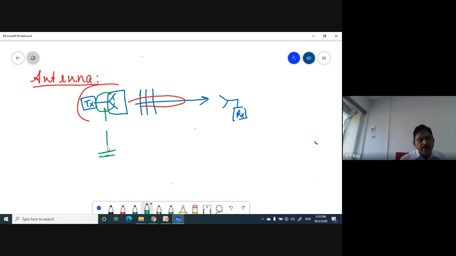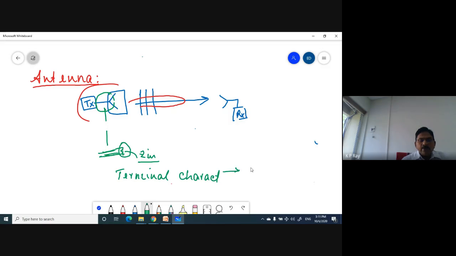Now here, this transmission line is getting terminated by the input impedance of the antenna. So this antenna structure is being replaced by this input impedance. So this is the terminal impedance of the antenna. Now, associated with this terminal impedance, lots of parameters of the antenna are defined. That is known as the terminal characteristic, or terminal parameters, of the antenna.